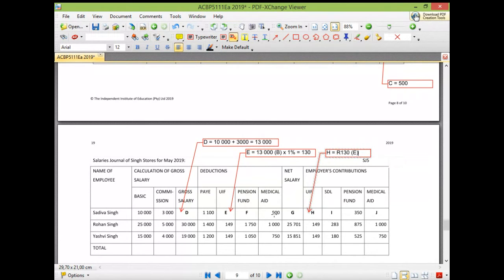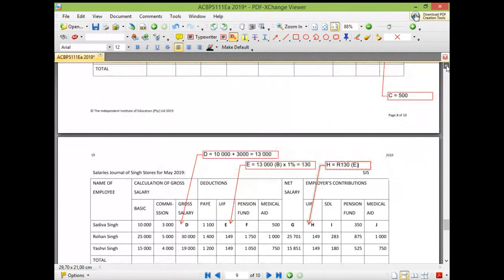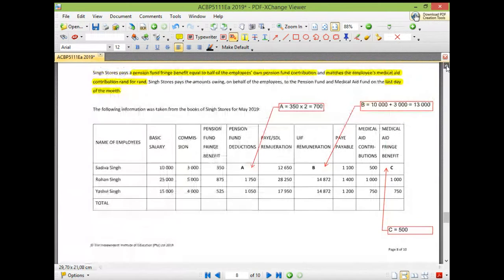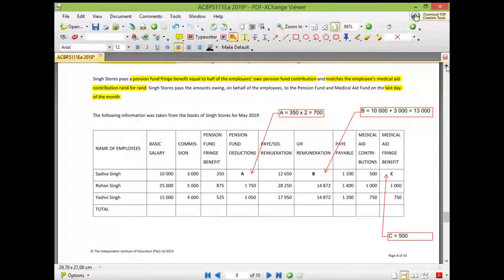Okay, if we look at the pension fund, what is the pension fund contribution of Savida? So if we go back to the table, what was Savida's pension fund contribution based on this first table? What did we say it is? How much did we calculate?